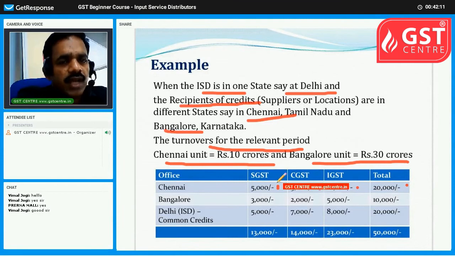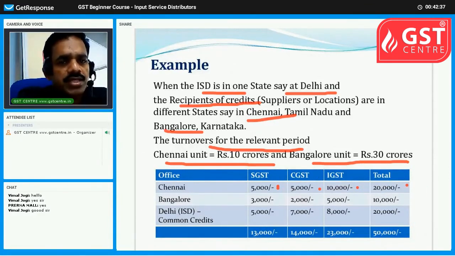SGST and CGST will come only in the case of intra-state supply within the state. So the Chennai unit has purchased goods or services from suppliers of Tamil Nadu state, and has already paid SGST and CGST to such suppliers. So input tax credit is available to him in the form of SGST and CGST.